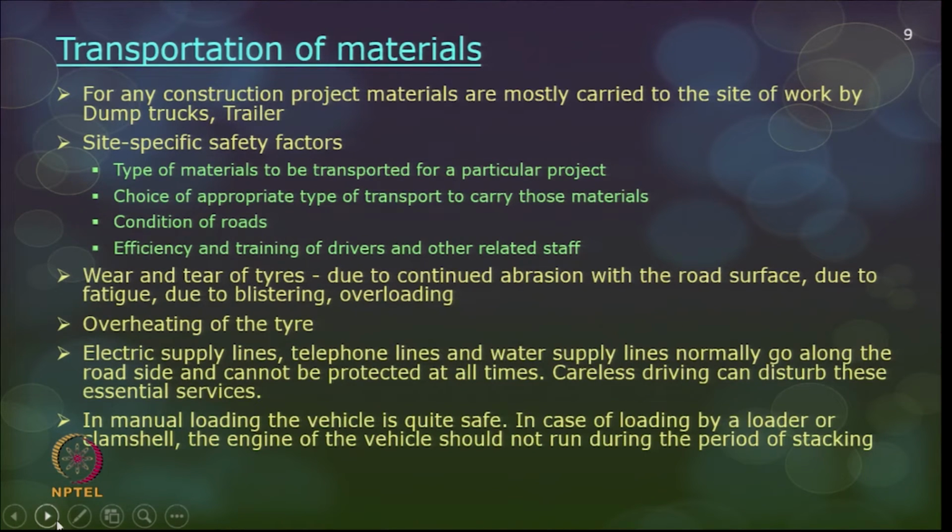And when you are moving along electrical supply lines, telephone lines and water supply lines on the roadside, you should know that they are not always protected. So, you should drive carefully when transporting materials along the road.